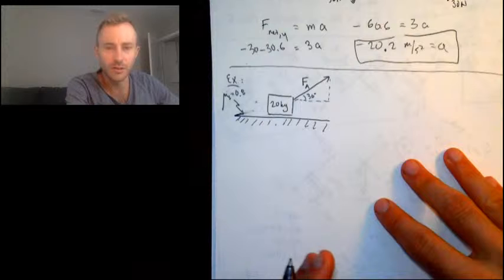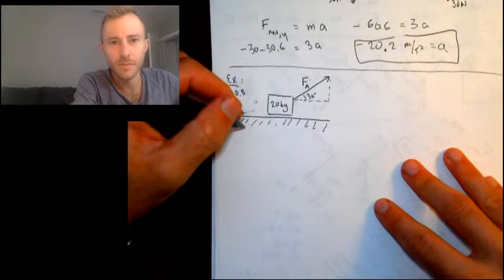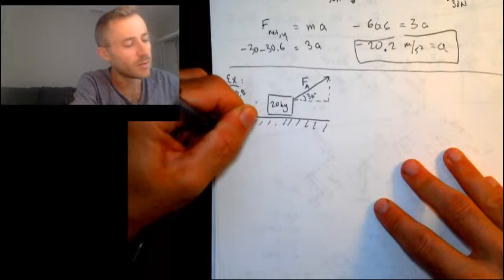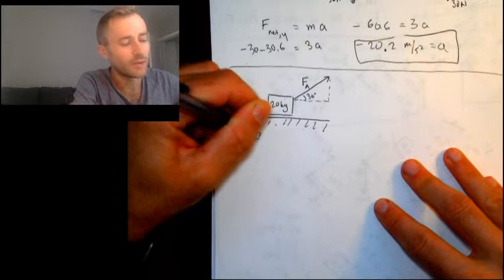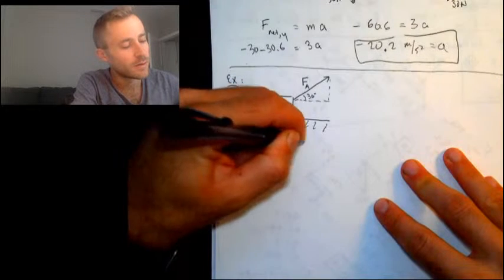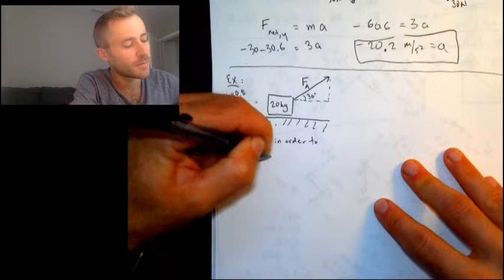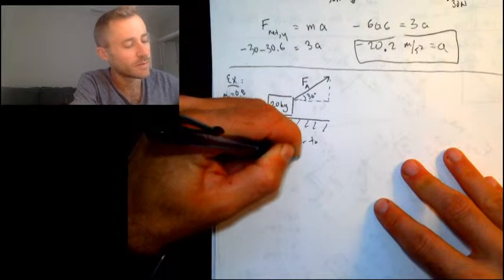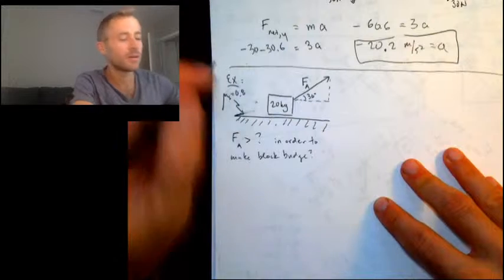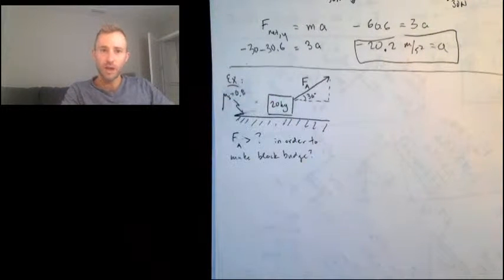And so the question is, the applied force must be greater than what in order to make the block budge? Okay? So how big does the applied force have to be in order to make this block start to move?